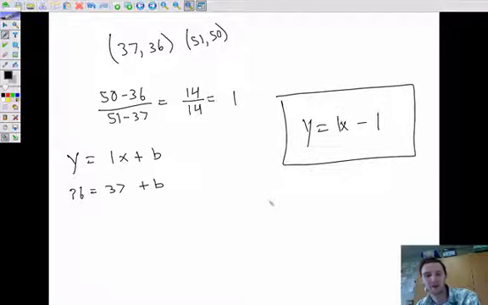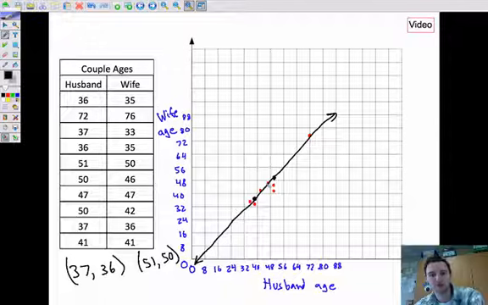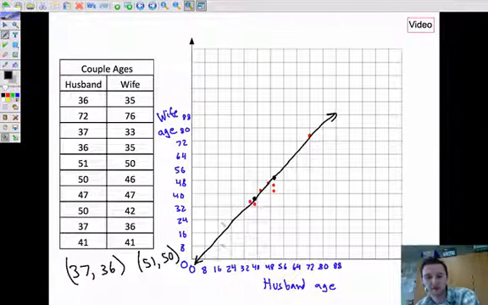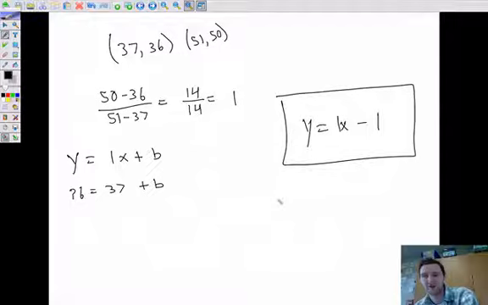A slope of 1 in this case, if we're looking at these two variables, means that for every 1 year that the husband gets older, the wife also gets older by 1 year, which makes sense because if the husband in this relationship is getting 1 year older, going from 39 to 40, most likely the wife is going to get older during that year too. It's not like the husband's going to get older and the wife just jumps into some fountain of youth and never gets older again.